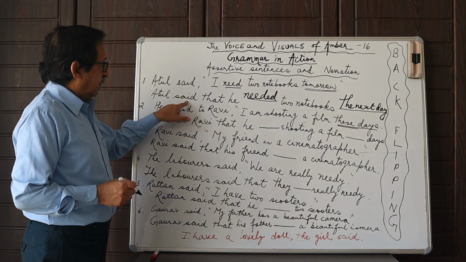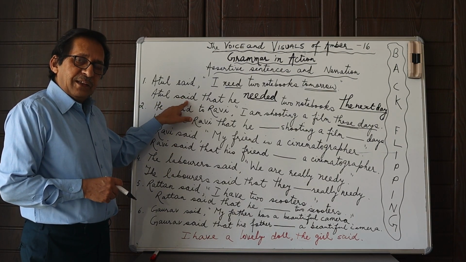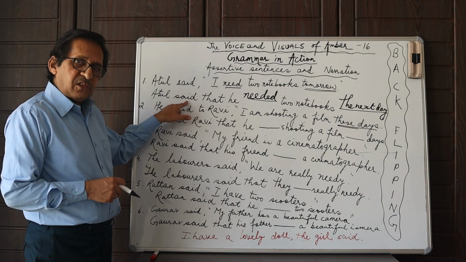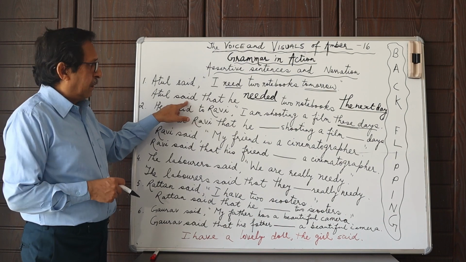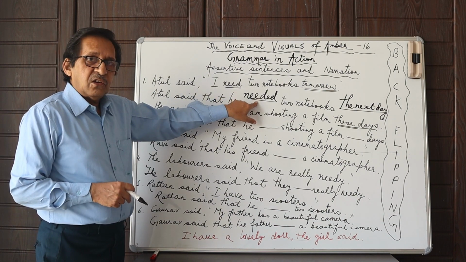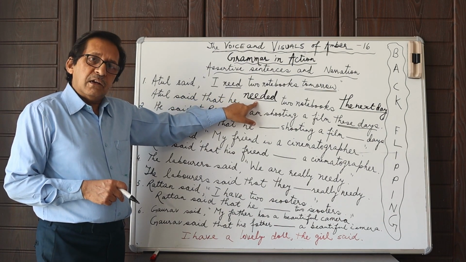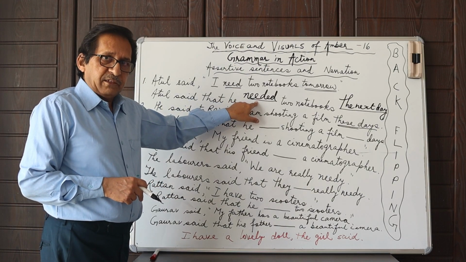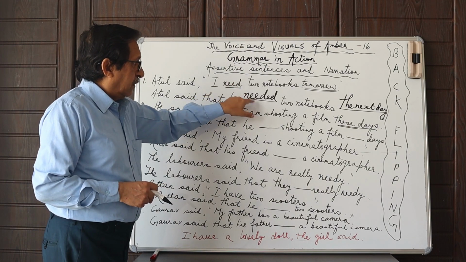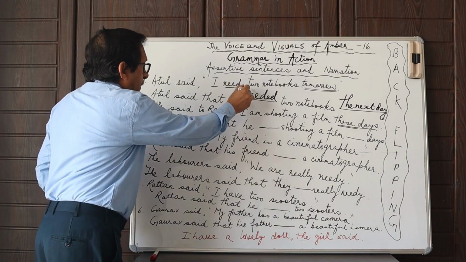So when the tense of the reporting verb is any form of the past tense, most commonly the simple past tense, then the tense of the reported speech will change from simple present to simple past.